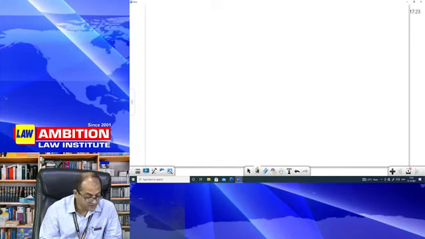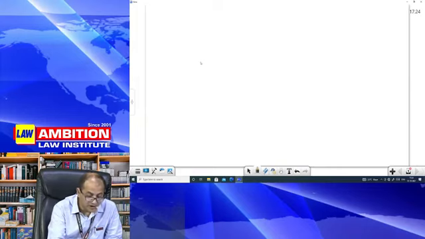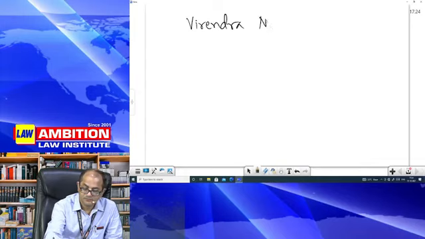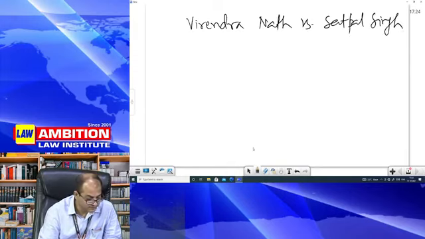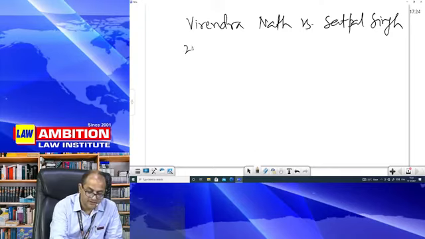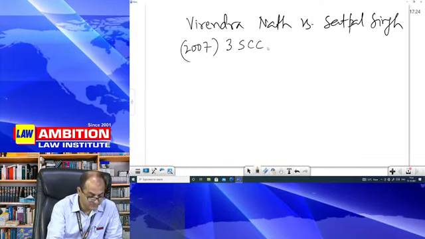Now then, another decision of Supreme Court. Birendranath versus Satpal Singh. I hope you can read my writing very clearly. 2007, 3 SCC, Supreme Court Cases, page 617.